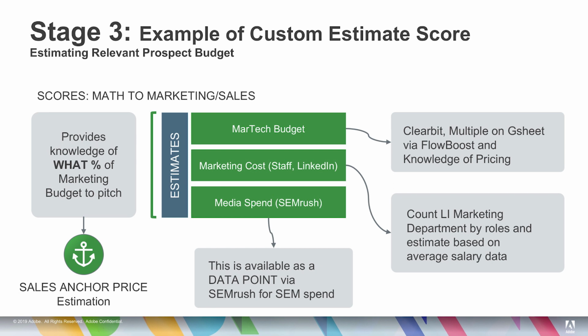The core challenge is knowing whether you're talking to somebody where you should recommend an anchor price of $5,000 per month or $20,000 per month. If you say 20 and this person can only afford 5, you halt the conversation. It's a bad anchor price, and it's too much of a leap to go down to another offering.